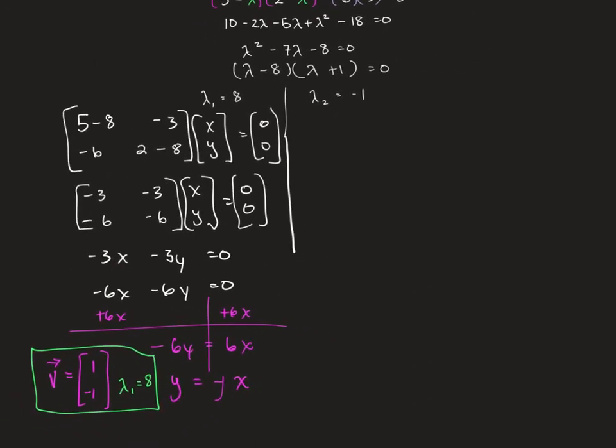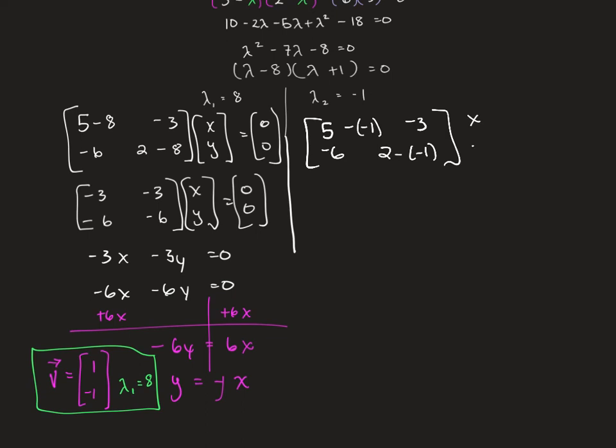So here's one of the eigenvectors and its associated eigenvalue. Again, do the exact same thing with the other one. Feel free to skip forward if you don't want to watch this. We have 5 minus -1, -3, -6, 2 minus -1, times x, y equals 0, 0. 5 minus -1 is like adding, so I get 6, and 2 minus -1 is like adding, so I get 3.